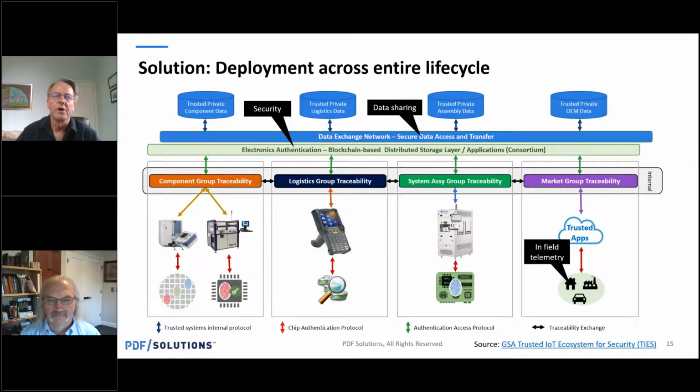Zoe will be going on to discuss the requirements to share the data that's up there in those blue databases at the top, where the trusted private data is in the data silos of each node in the supply chain. She'll be discussing the requirement to accomplish something which meets the data exchange network we're showing there in blue.